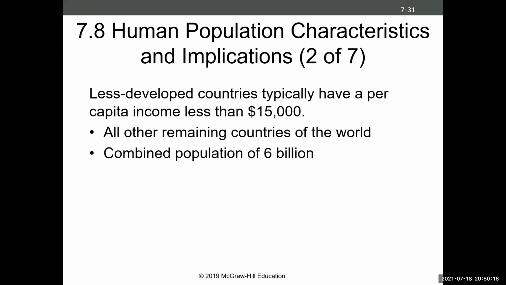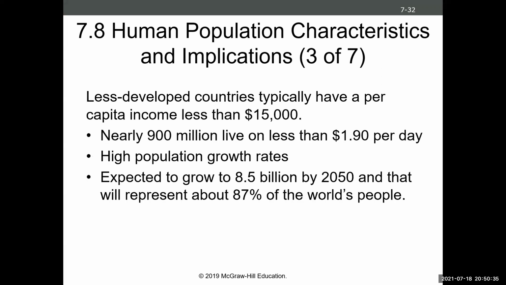But when we look at less developed countries, they have less income, pretty much all the other remaining countries, and that population is 6/7 of the population, so the majority of the population. Almost 900 million people live on less than $1.90 per day, which is no money at all.